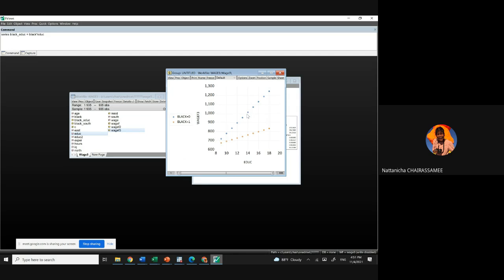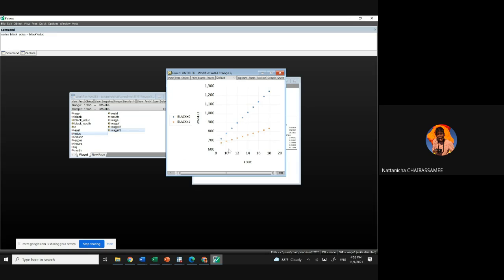The blue circle line is for white people, and the orange one is for the non-white people or black people. So from the graph, you can see that the higher the education, the wider the gap between the wage of black and non-black people, right?